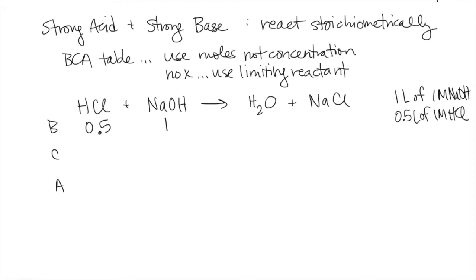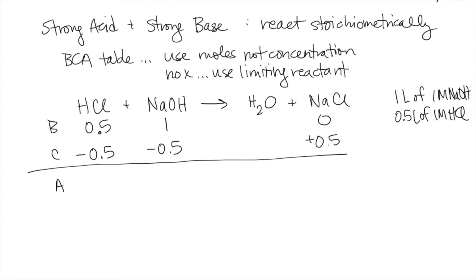Okay, just keep it kind of simple here, but that's what we've got. We're mixing together. Now, these are the things that I'm starting with. They're going to react stoichiometrically. In this case, HCl is my limiting reactant. It's going to be completely used up, and then we're going to get some of these other things, like we'll get some NaCl that's formed. My HCl at the end will be 0, my NaOH will be 0.5, and my NaCl is 0.5.